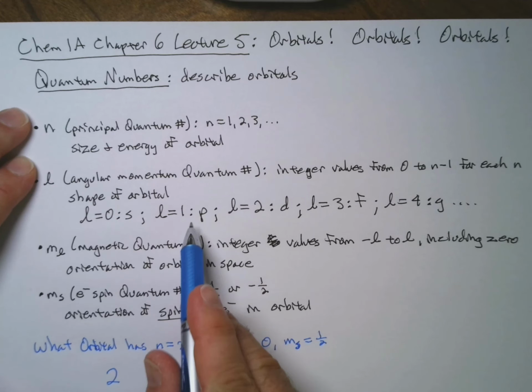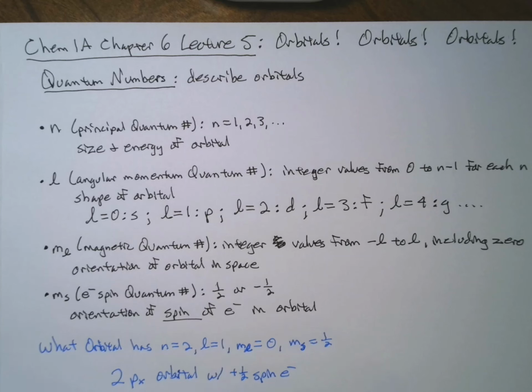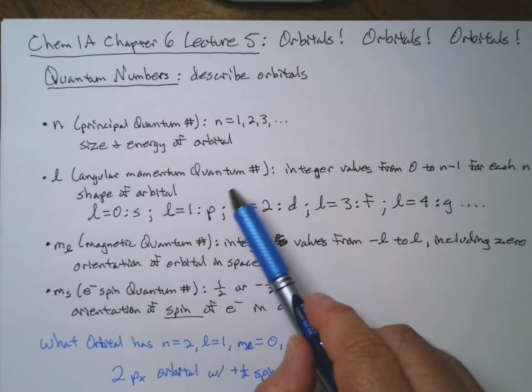L equals 1 tells me that we have a p orbital. So it's a 2p orbital, and m sub L is 0, so it's one of the 3 2p orbitals. Turns out they're all the same energy, that is, they are degenerate. So I'm just going to call this one the 2px orbital. We have x, y, and z. So this is the 2px orbital with plus 1/2 spin electron.